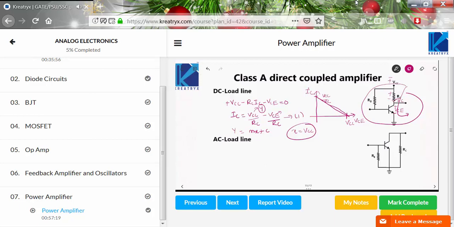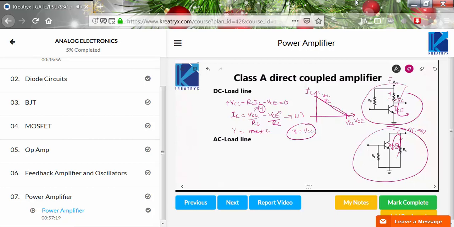Coming to the AC load line actually, the AC load line is drawn when the DC source is disabled. Disabled means VCC should be connected to ground. This is the AC equivalent circuit. The AC load line is obtained from the AC equivalent circuit, and the DC load line is obtained from the DC equivalent circuit. Right. Here apply KVL on the output side. So what is the voltage between collector and emitter? Small vce.